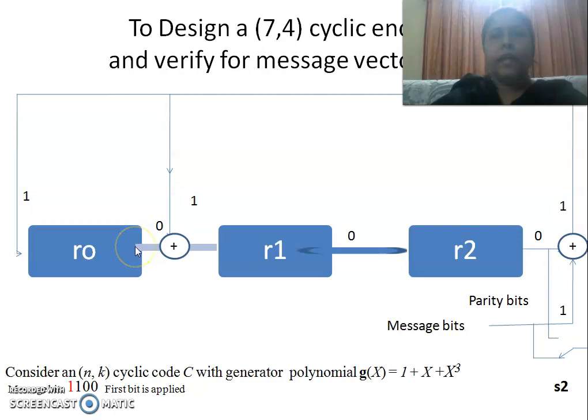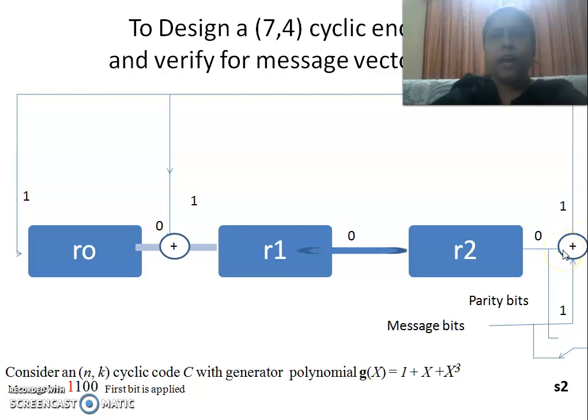You must know that initially all the registers are reset to 0, and this exclusive OR output 1 is available here, and that is fed back through switch S1 to the inputs of the other registers. R0 gets the 1 value at input, and R1 gets the exclusive OR of these two values as input. R2 gets the output of R1 as input.